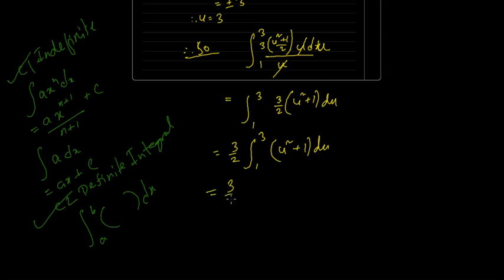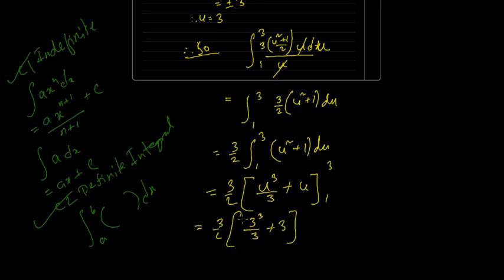So 3 by 2. Integration of u square is u to the power n plus 1 by n plus 1, so this would be u to the power 3 by 3. Integration of a constant is going to be u, and the limit is 1 to 3. So this is going to be 3 by 2. Let's put the upper limit here, 3. This would be 3 cubed by 3 plus 3, minus, be careful about this bracket, this 3 by 2 is outside the entire thing, so then 1 cubed by 3 plus 1.